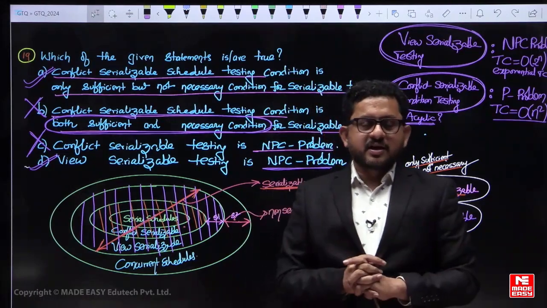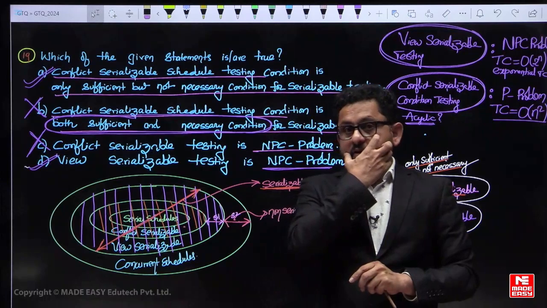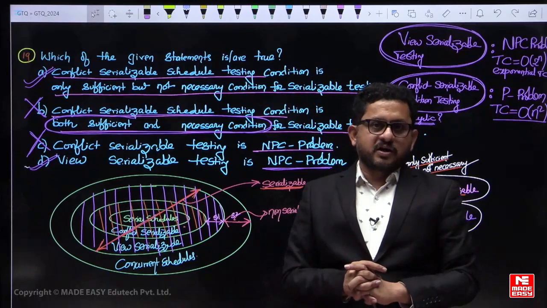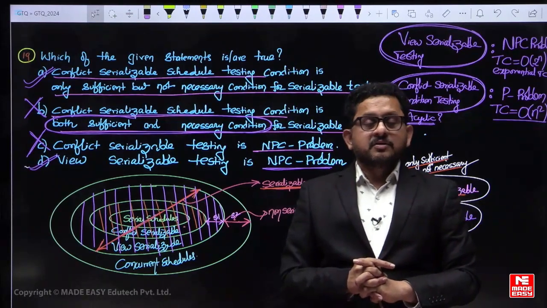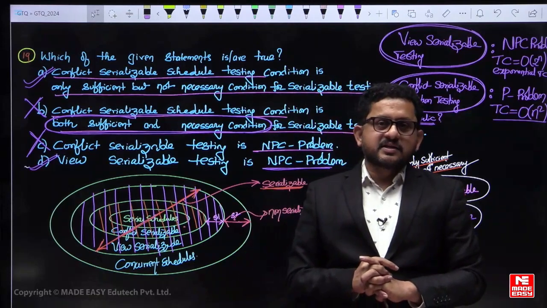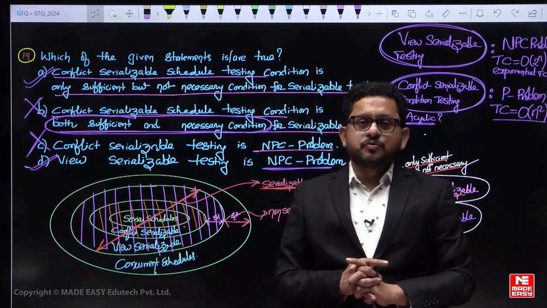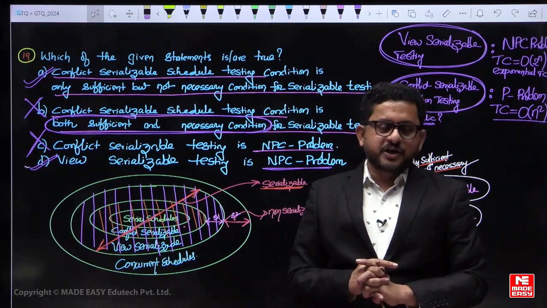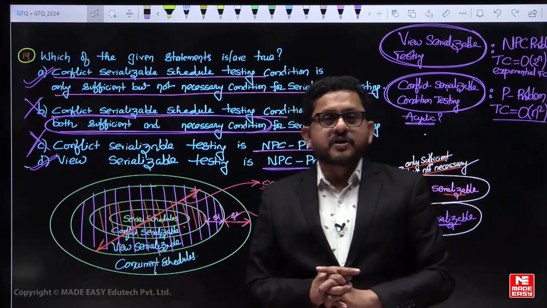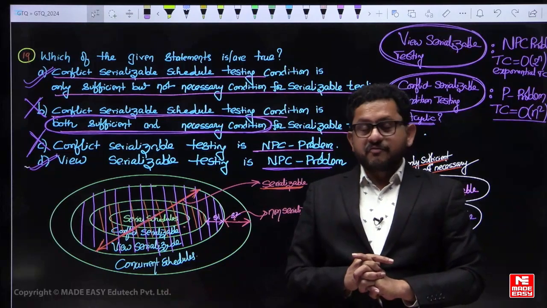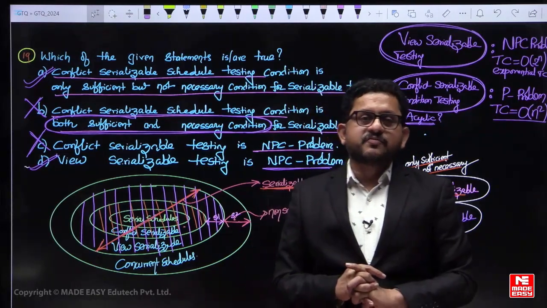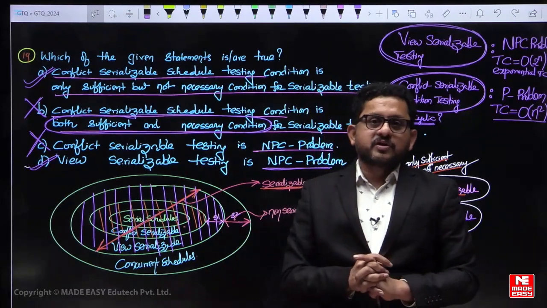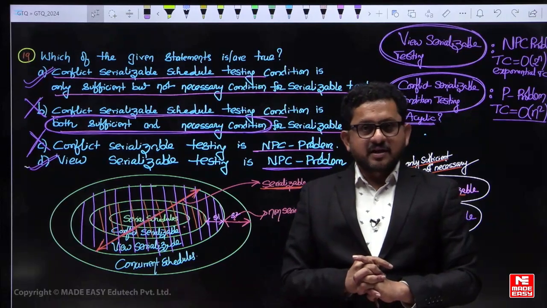So even with a 300 or 400 rank, you may get a chance at a top college. There are 23 IITs, many good NITs, IIITs, and universities like Jadavpur and DTU. More than 45-50 top colleges have an average MTech computer science package of more than 20-25 lakh CTC as a fresher.